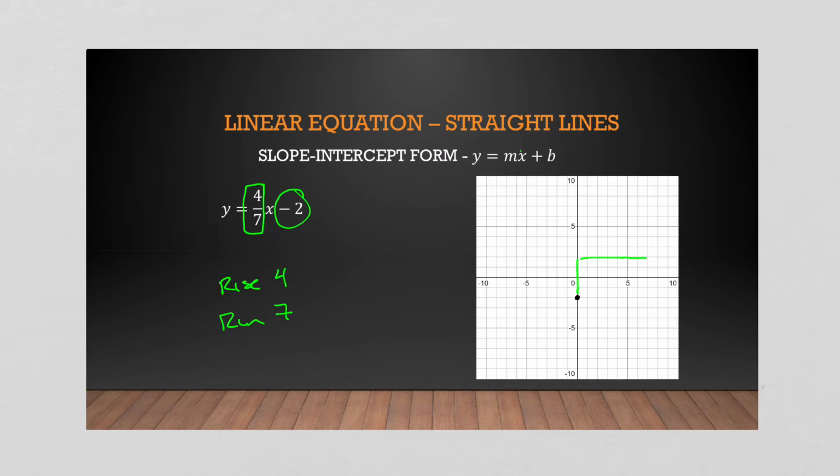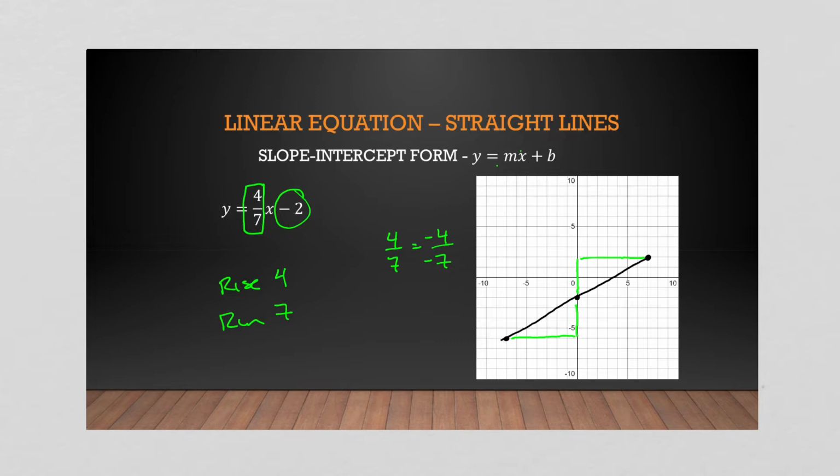Now, important to consider that 4 over 7 is equal to -4 over -7. So that means you can, in fact, go down 4 and in the negative x direction 7, and you'll still end up with a consistent graph. That's the whole point. There it is.